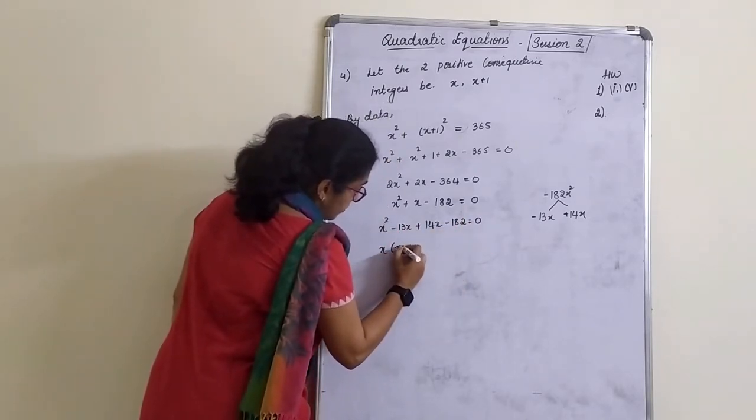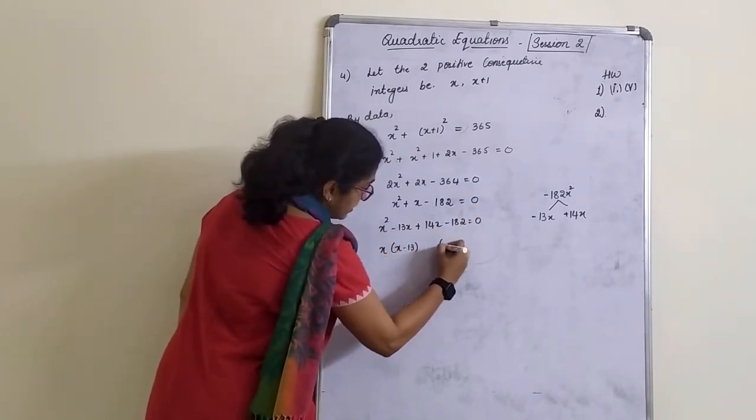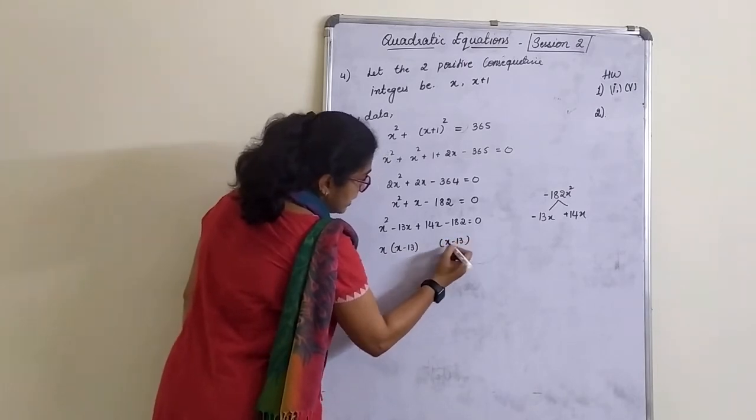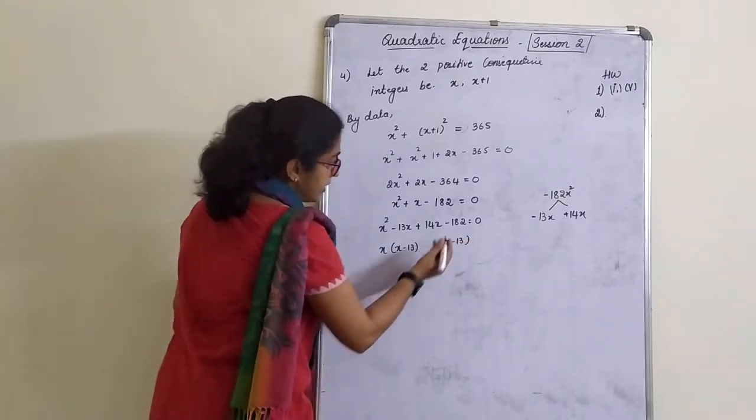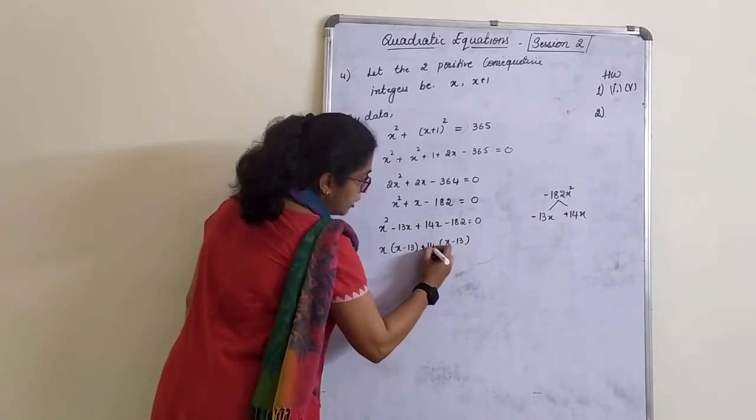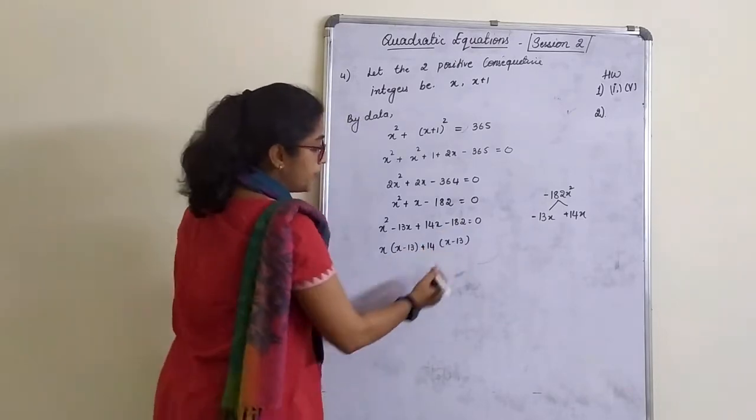x common, x minus 13, right, here also x minus 13. x into what should give you 14x? x into plus 14. 14 into minus 13 is 182.